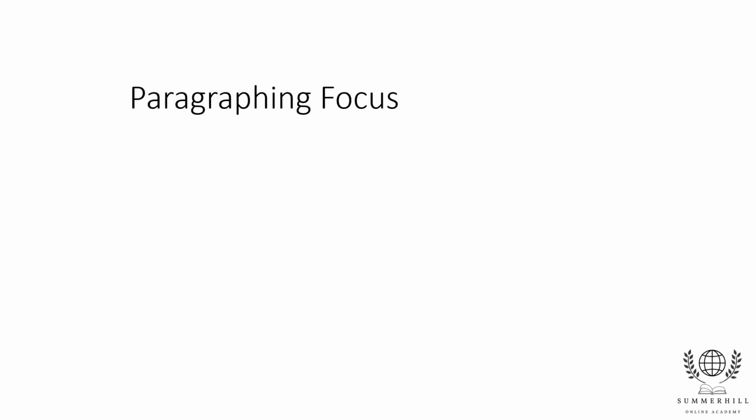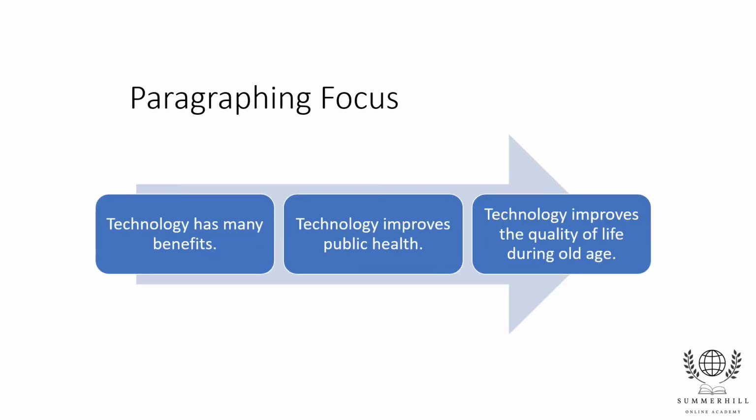Okay, so paragraph focus is very important. So the topic sentence of each body paragraph radically transforms the interest. So the paragraph we just read just basically meant technology has many benefits. But then the supporting sentences for that paragraph would be quite global and not particularly interesting.